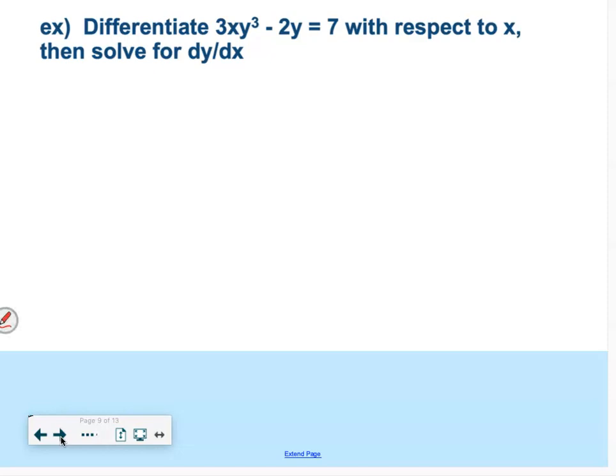When I have a leading coefficient on a product rule, I kind of stick it with the first part of the first term. So I would think of this as 3x times y cubed. Right? So give this a try. Again, it's a dy/dx. That's the f prime g.